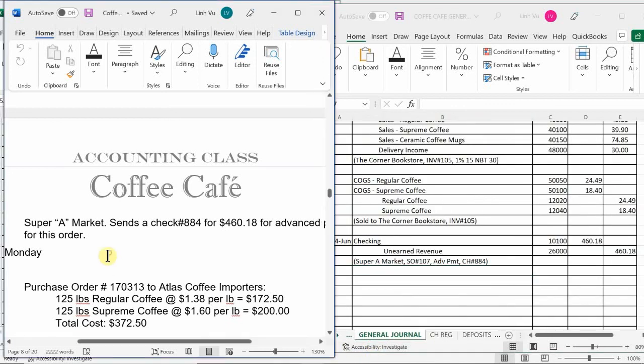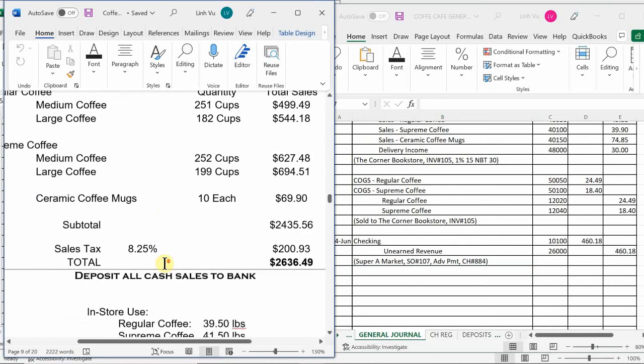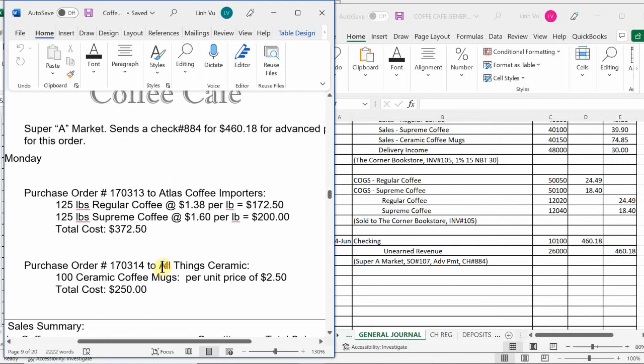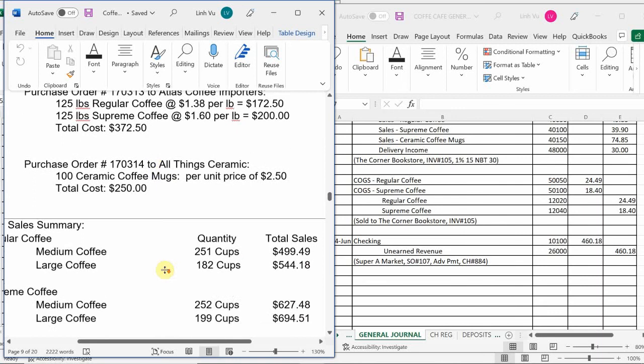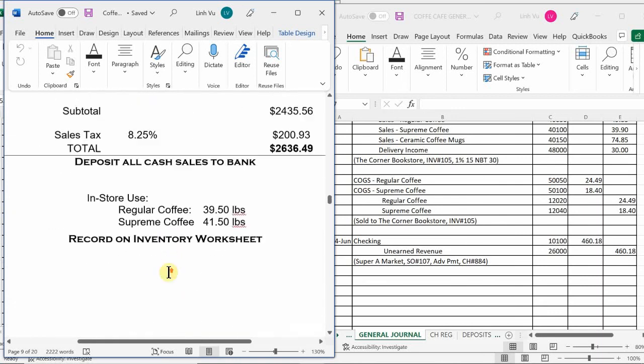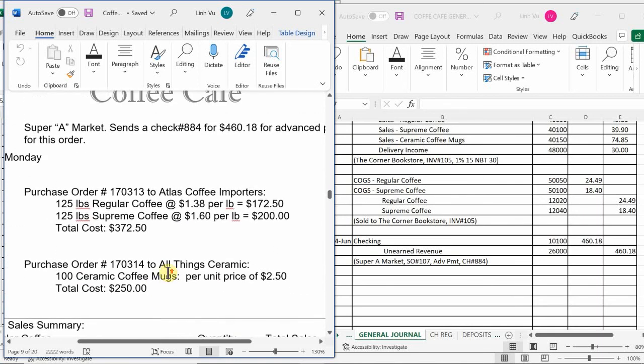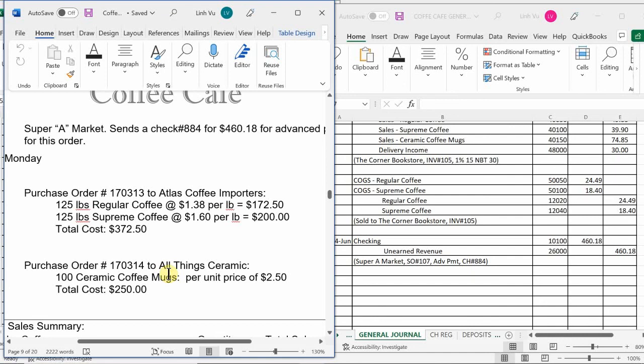Okay, so let's do these purchase orders first, and then we'll take a break and then do the in-store sales after. We got some purchase orders going on. What do we do with purchase orders?